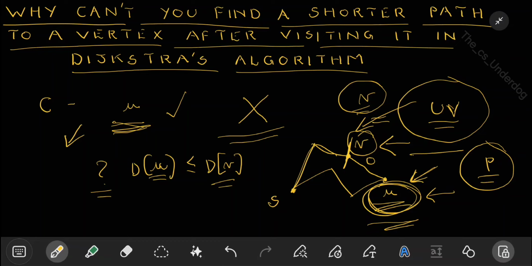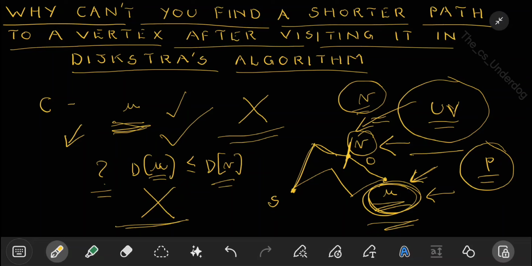Hence, your assumption that a shorter path can appear later is incorrect. It cannot stand, and because of this, our claim is right. That means you cannot find a shorter path to a vertex after visiting it in Dijkstra's algorithm.